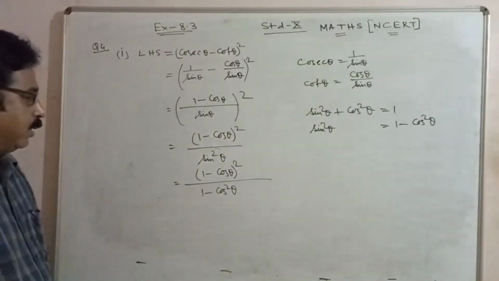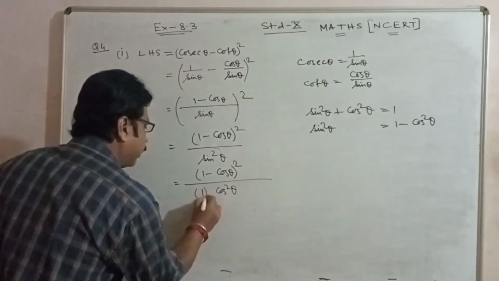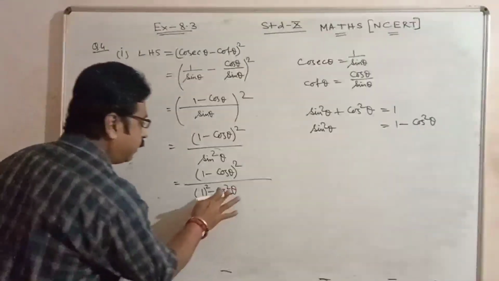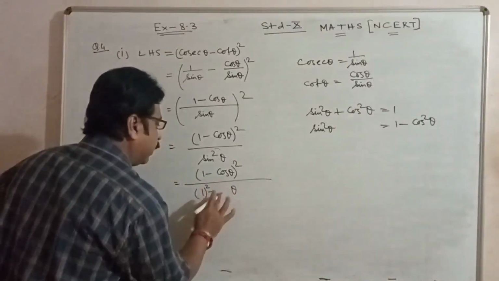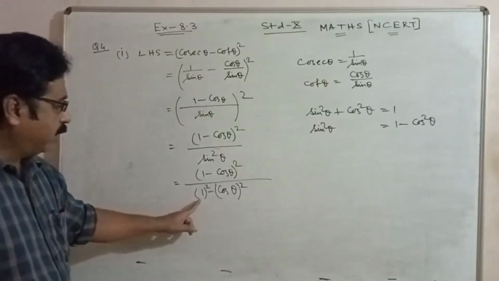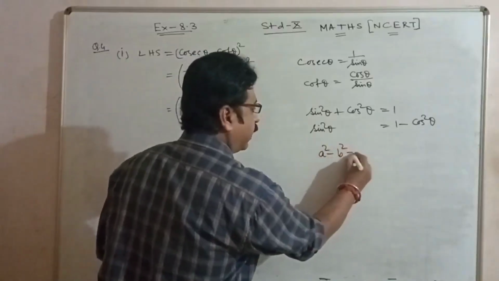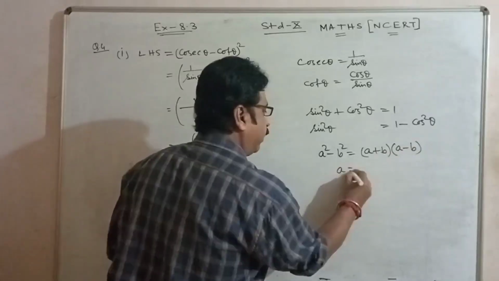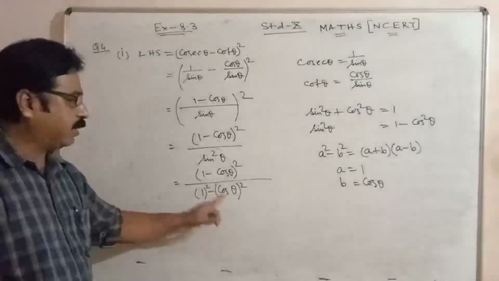This 1, we can write 1 whole square. That means it is a square minus b square. Cos square theta we can write cos theta whole square. What is the formula? A square minus b square is a plus b into a minus b. A is 1, b is cos theta.